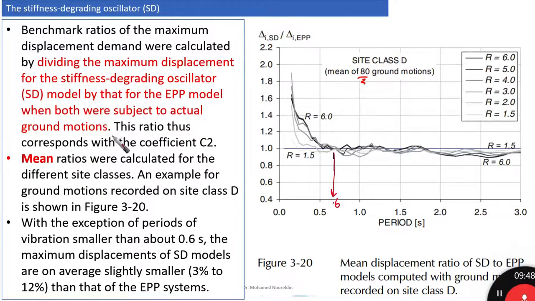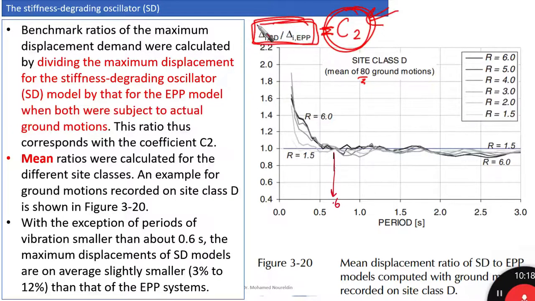So this ratio, we can give it a title, a kind of coefficient, and we can call it C2. If you know about the displacement coefficient method, you will find that it is a coefficient used by FEMA 356 in order to obtain this ratio.